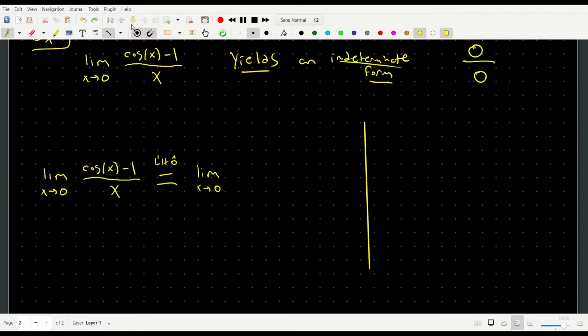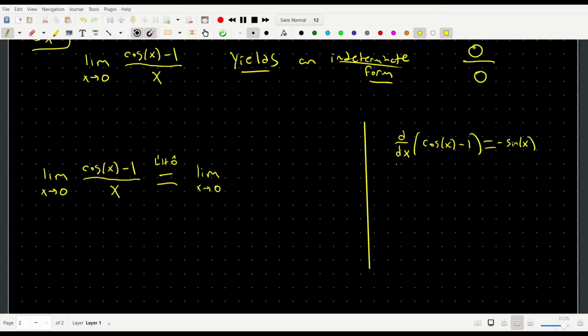Remember from calculus 1 that the derivative of the function cosine of x minus 1 is going to be equal to, well, the derivative of cosine is negative sine of x, and the derivative of 1 is just 0.